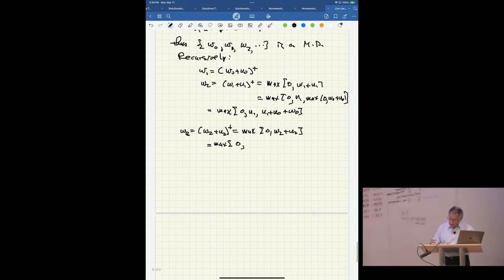U2, I found out from the line above. That's a 2 here. And then the last term is the max of 0, comma, U1, comma, U1 plus U0 plus W0. Which is simply equal to the max of 0, comma, U2, comma, U2 plus U1, comma, U2 plus U1 plus U0 plus W0.